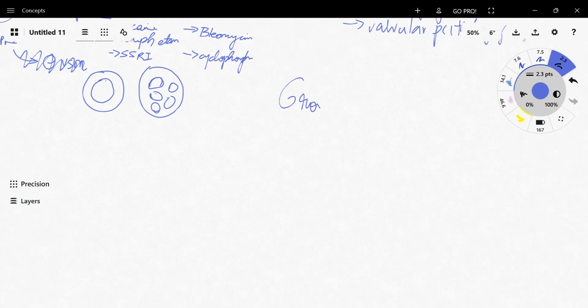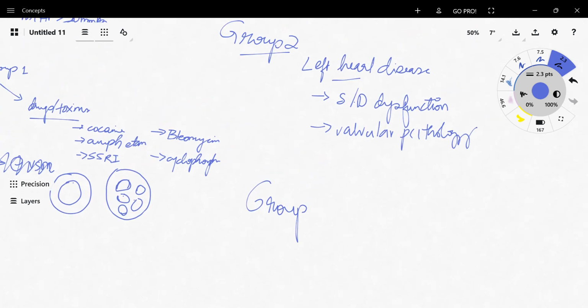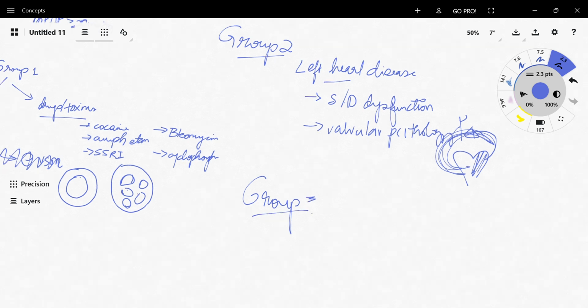You get the pathogenesis, right? Because your left heart is not pumping properly, there's going to be stagnation in the pulmonary vasculature, and that will cause the hypertension.